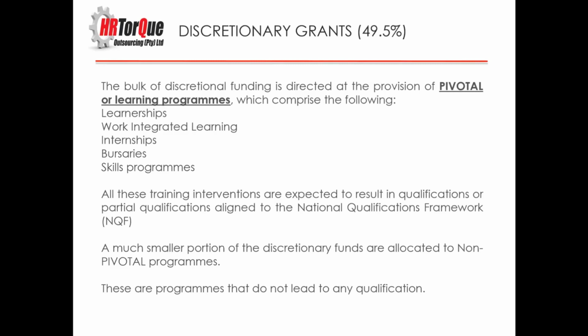It's very important that you make those applications and you put in your workplace skills plan what you're intending to do, at least what you want to do. If you say nothing, then the SETA has no idea what it is that you're wanting to do, and so you are never considered for possible training programs down the line.